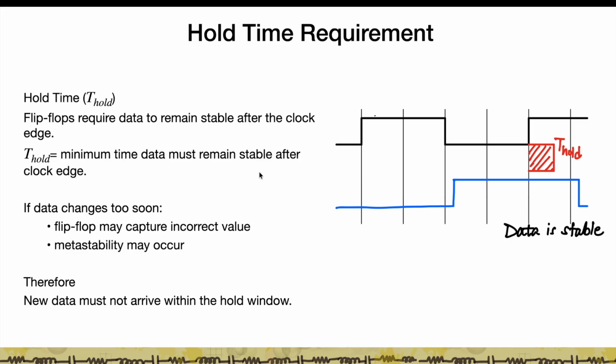If the input starts changing during that resolution window, the flip flop may latch the wrong value, or worse, enter metastability. So the data that was captured on the clock edge must remain unchanged for at least t hold picoseconds after that edge. New data from the next launch cycle cannot be allowed to arrive and overwrite it during that window. That's the hold requirement.